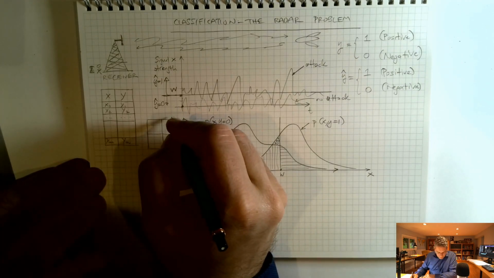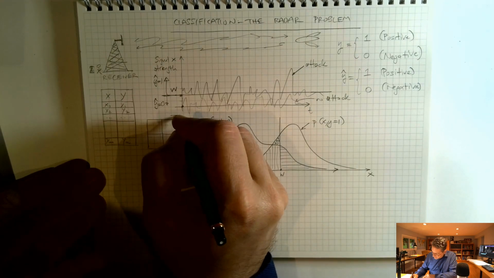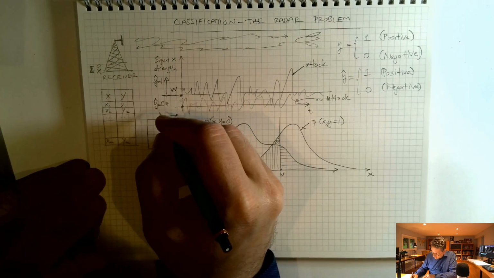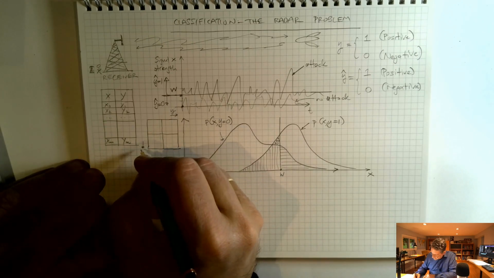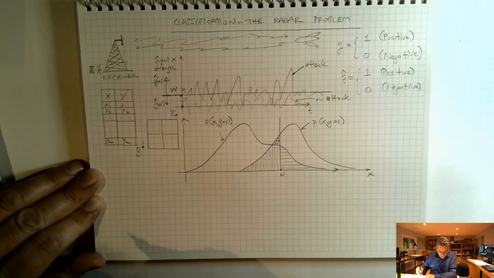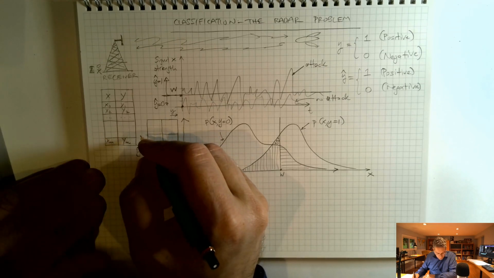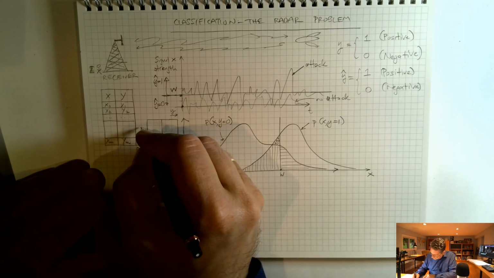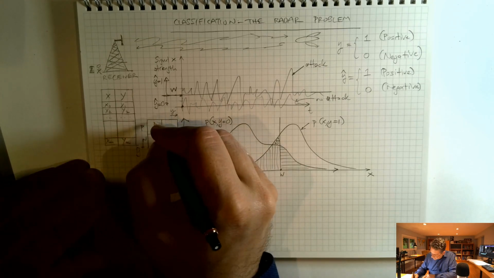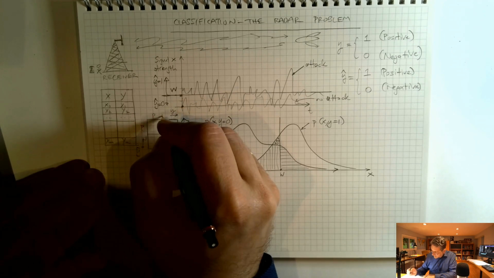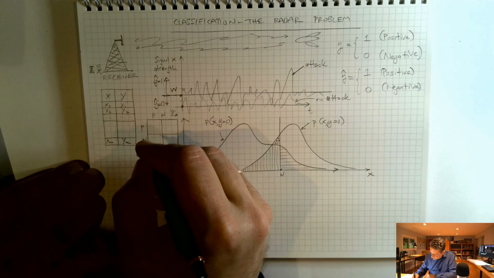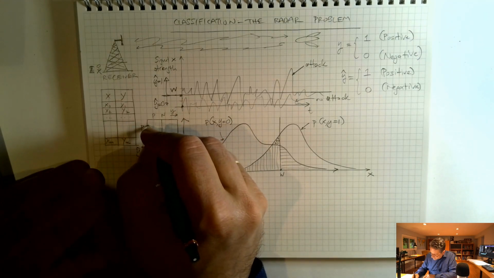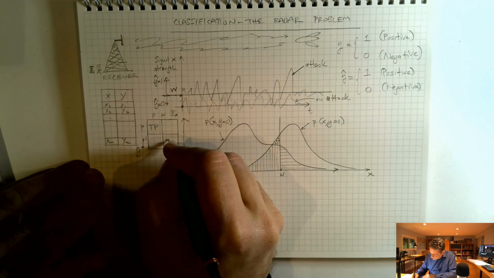On one axis of the confusion matrix, we'll be assigning the so-called ground truth, and the other to the prediction, the y hat. When the y hat is positive or negative, and this agrees with the ground truth, then we call this true positive and true negative, correspondingly.